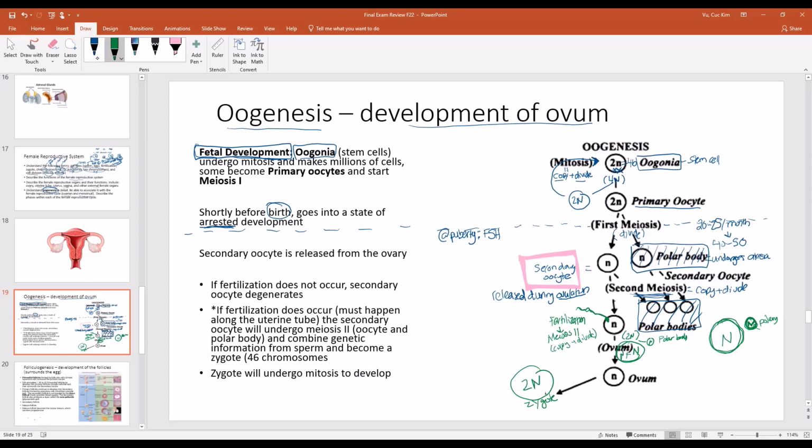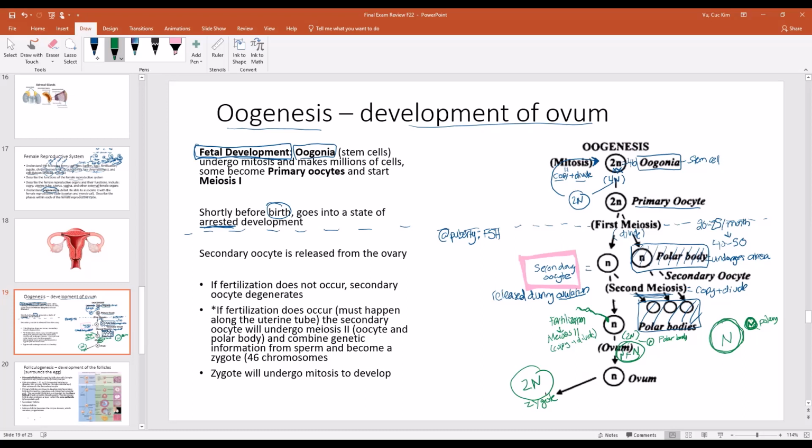But you said it doesn't finish meiosis because it is released during ovulation and it needs to get fertilized. Yep. And this is where I got stuck. Okay. So if fertilization doesn't happen, if there's no sperm or the sperm is not able to penetrate that egg, that egg is going to continue on its way down the female path and it's just expelled during menstruation.